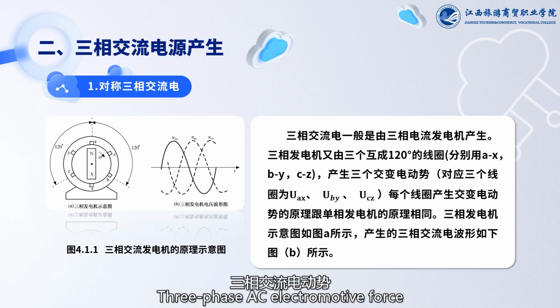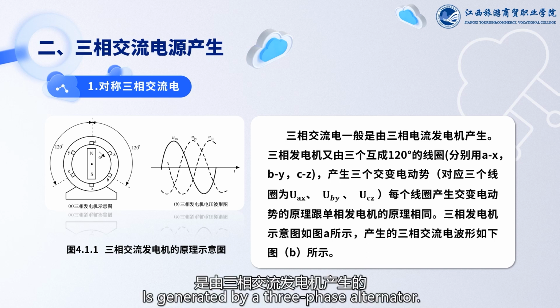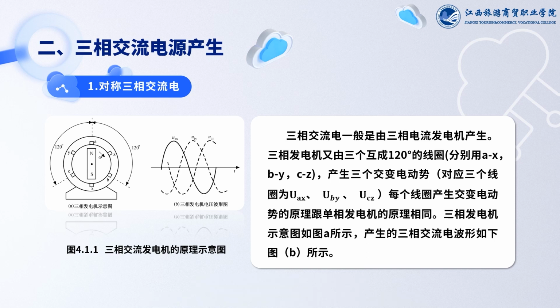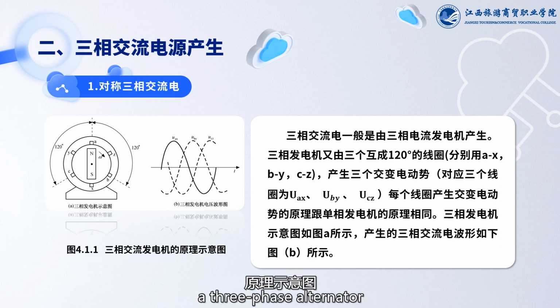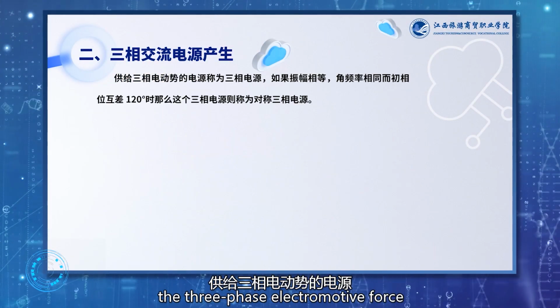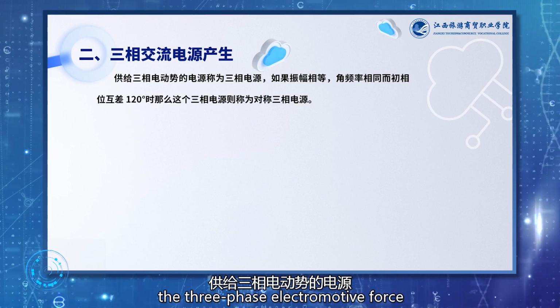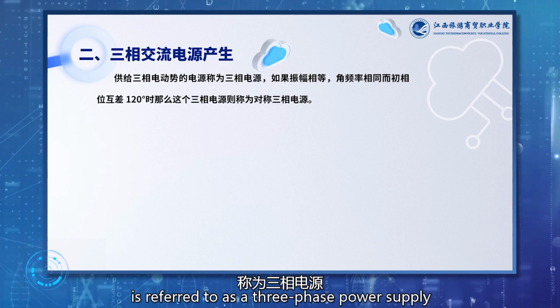Three-phase AC electromotive force is generated by a three-phase alternator. Figure 4.1.1 illustrates the schematic diagram of a three-phase alternator. The power supply that provides the three-phase electromotive force is referred to as a three-phase power supply.